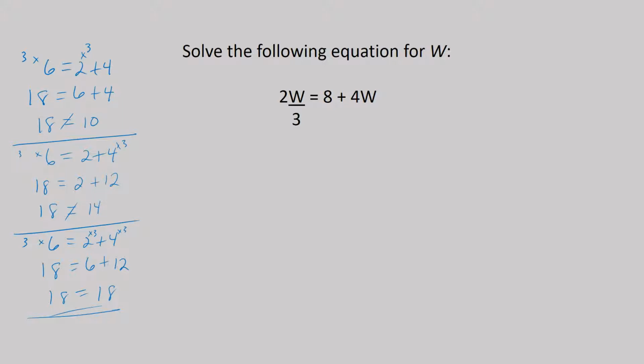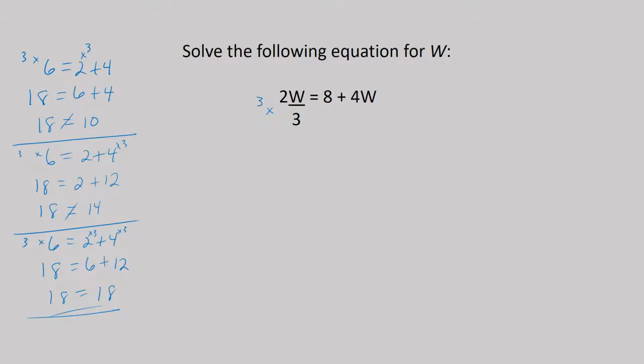Now let's apply this to the problem at hand. Back to the 2w over 3, I really want to get rid of that fraction as soon as I can. If I multiply the left side by 3, then those two 3's will cancel each other out, and I'll be rid of the fraction. But what do I do on the right? There are 2 terms now, the 8 and the 4w.